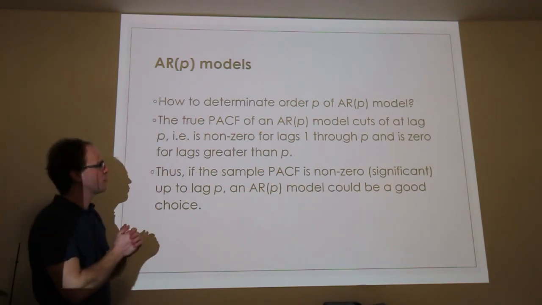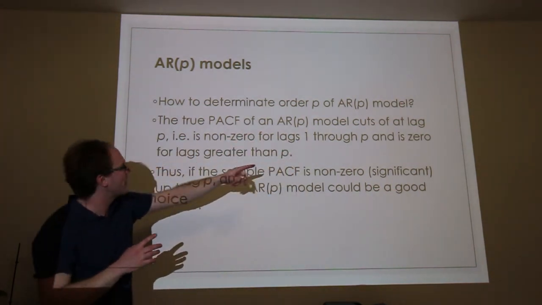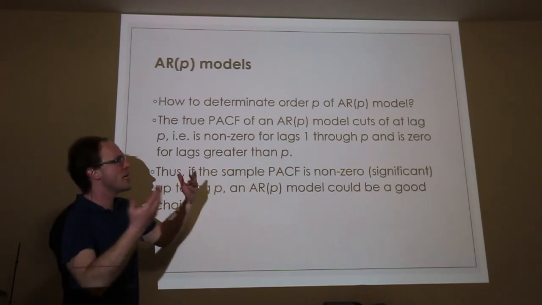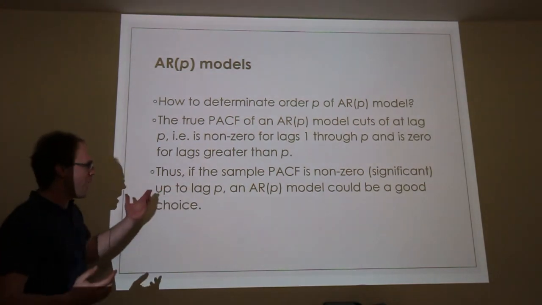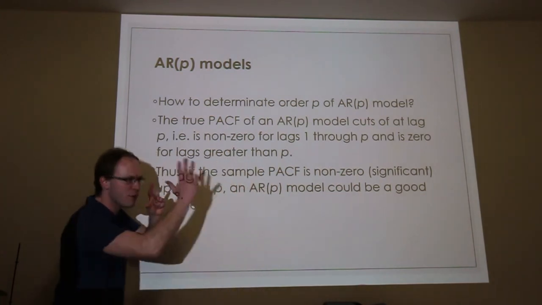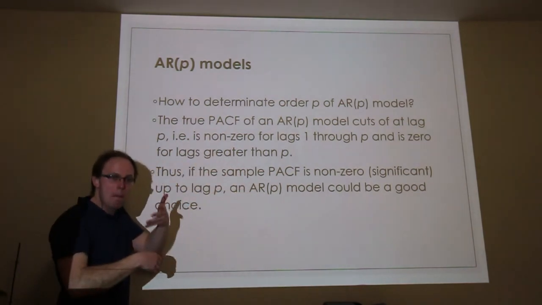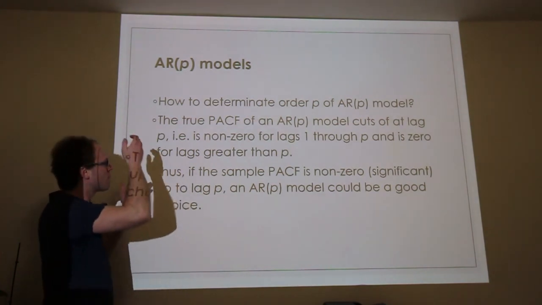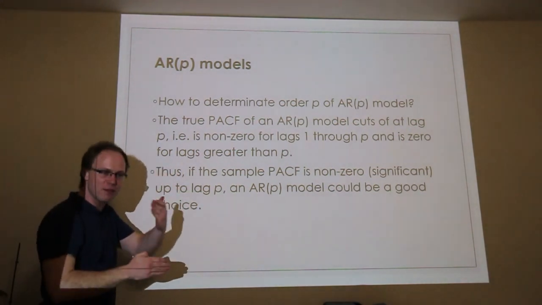The true partial autocorrelation function of an autoregressive model of order P cuts off at lag P. It means it is non-zero for lags 1 through P and is 0 for lags greater than P. Thus, if the sample partial autocorrelation function is significant at the 5% significance level, so above the tolerance bounds, because in many software packages we have calculated tolerance bounds, if the value of the partial autocorrelation function is above this bound, it is significant at the 5% significance level.